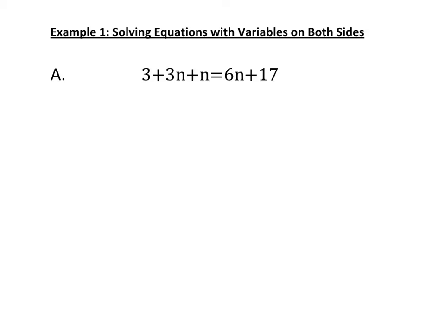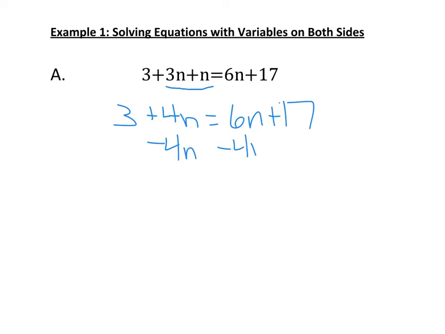Looking at example A, we want to look at both sides of our equal sign and see if there's anything we can distribute or any like terms. The first thing that's jumping out is 3n plus n, so we can combine like terms by adding. Once we get both sides of this equation simplified, we want to figure out what we can combine.